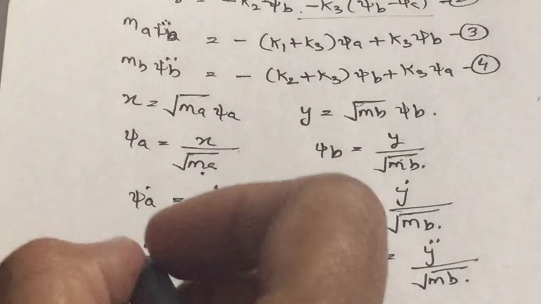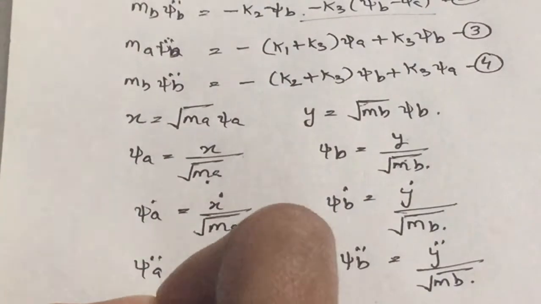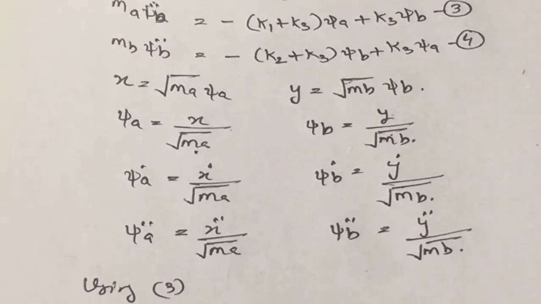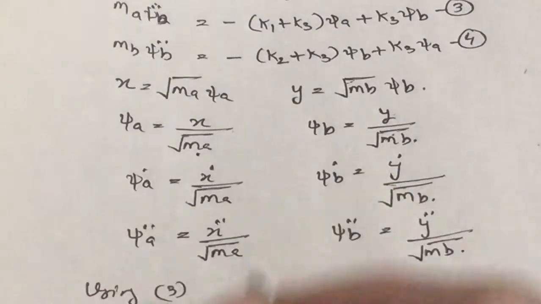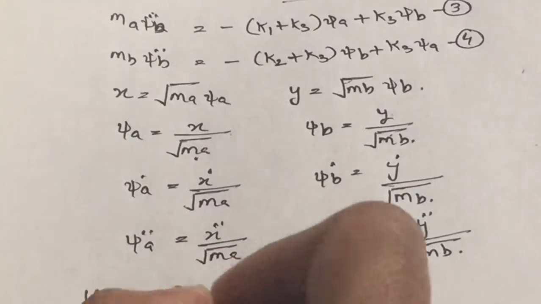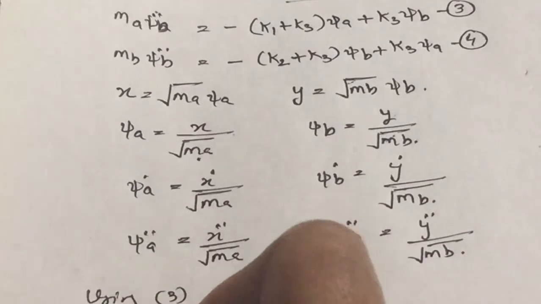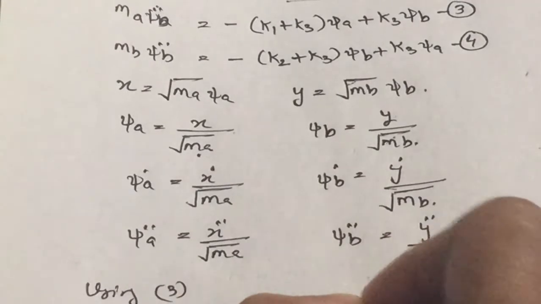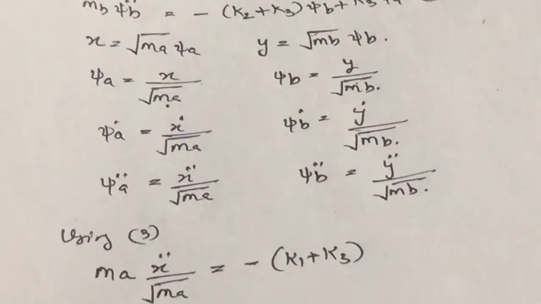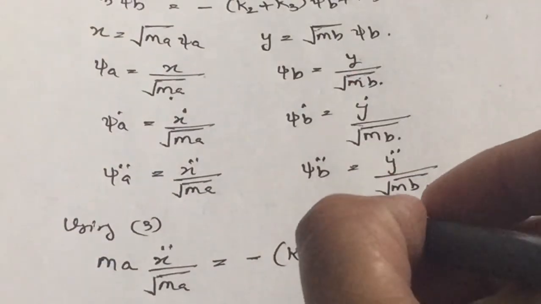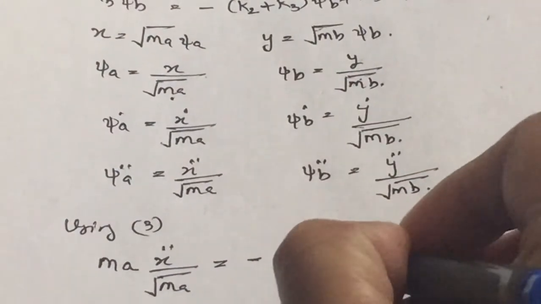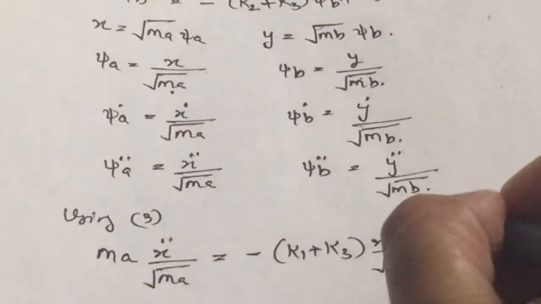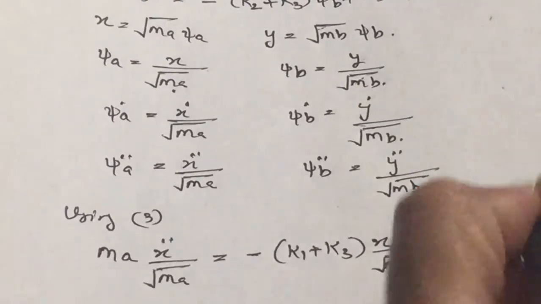Using equation number 3, if we put all these values in equation number 3, we will have ma, and instead of psi a double dot we are getting x double dot under root ma, and this is equal to minus k1 plus k3 times psi a, and instead of psi a we are putting the value x upon under root ma, plus k3 psi b, and instead of psi b we are using y divided by under root mb.